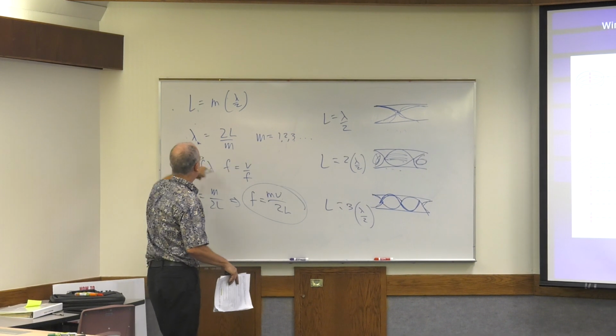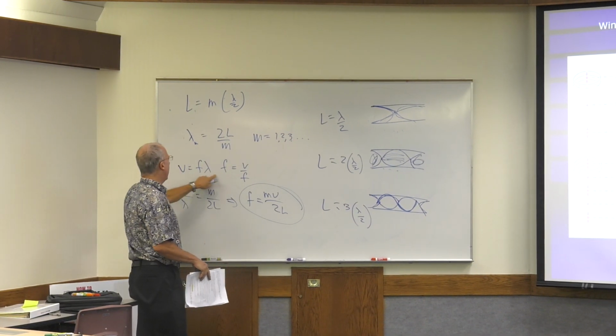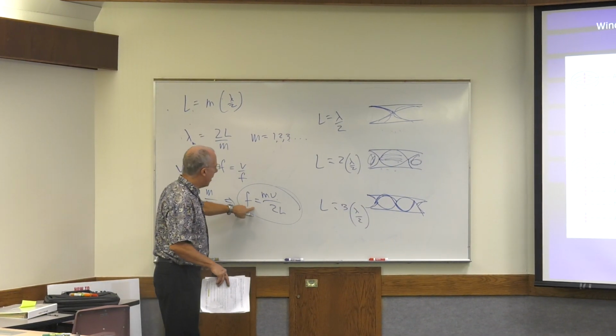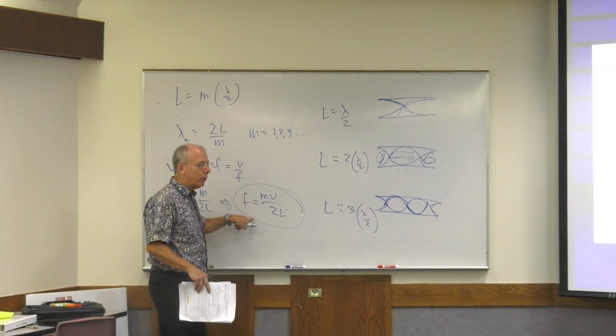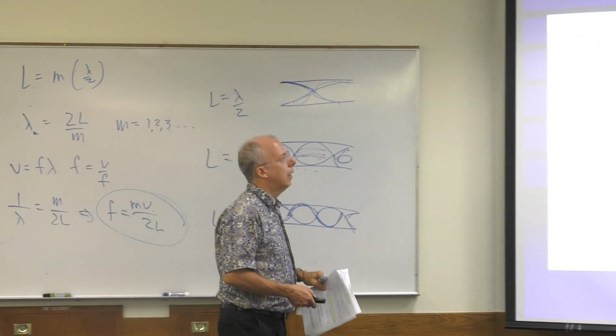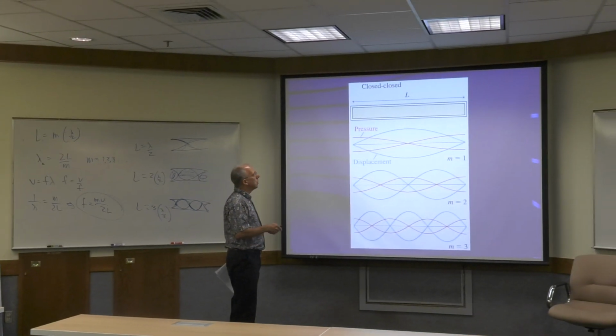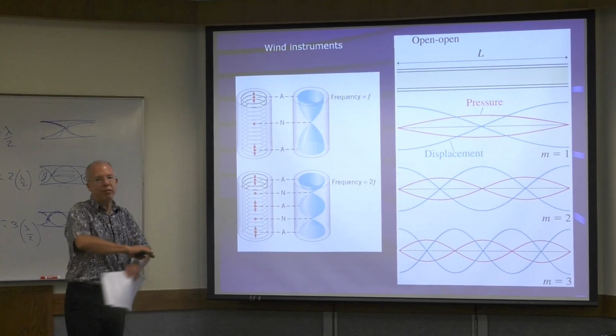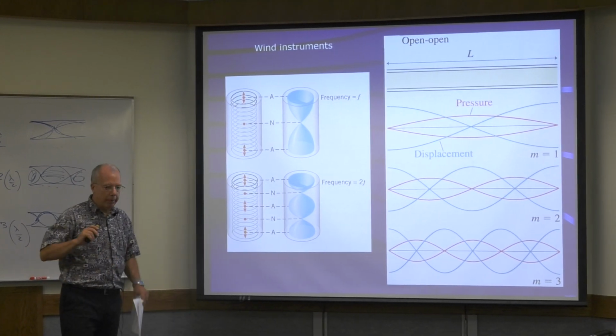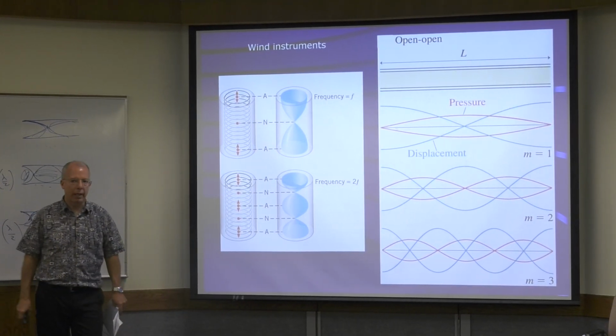Then you write something like this, use v equals f lambda, solve for frequency. So you should be able to figure out, without looking at a book, the frequencies for closed-closed, open-closed, and open-open. Take the time to convince yourself you can do that. Okay, let's quit.